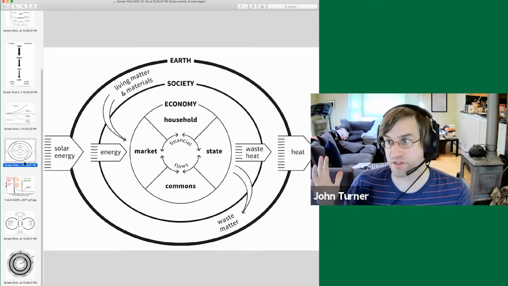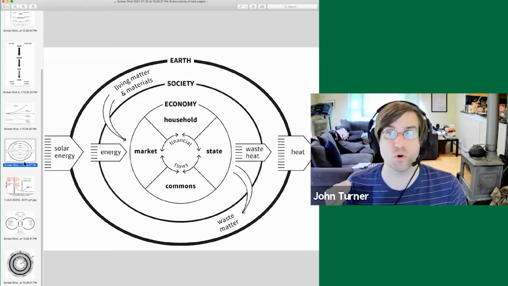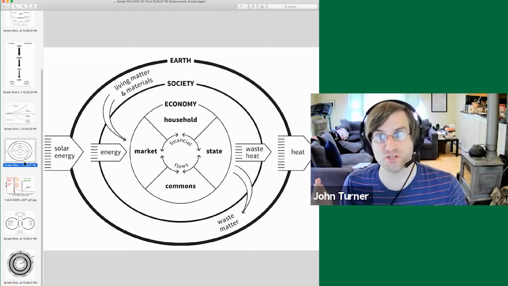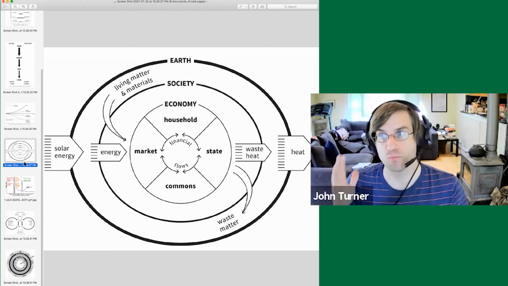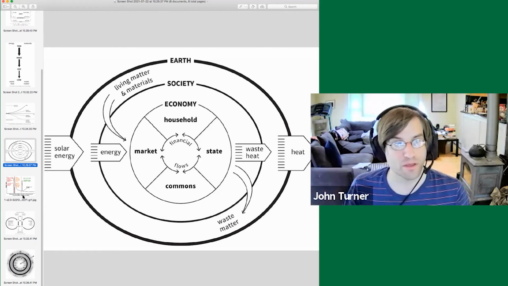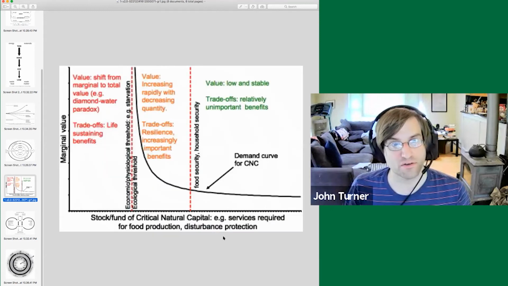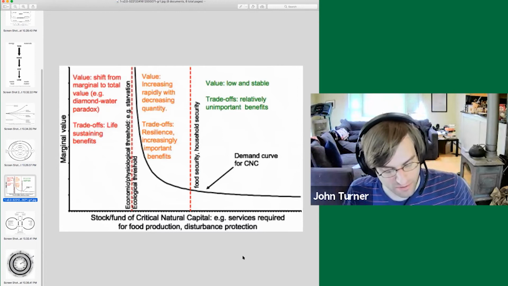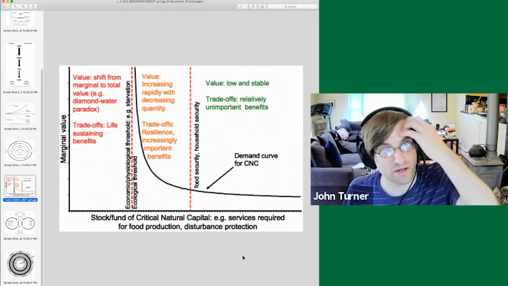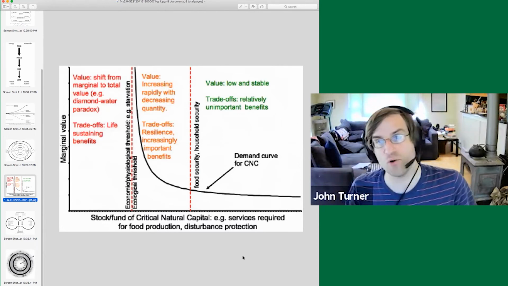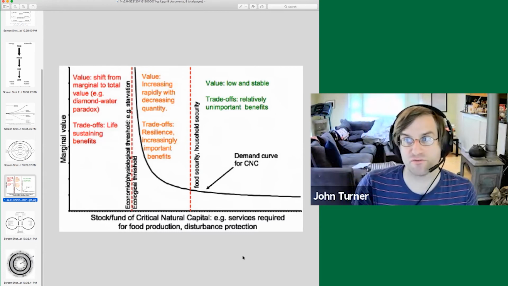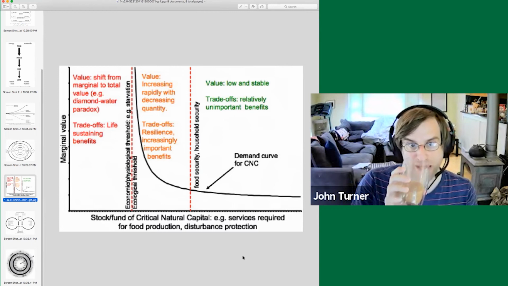One of the other things found in this substitutability debate is that we don't know how difficult it would be to replicate or to substitute for a given form of natural capital. Okay. And this is where you get to a graph like this from an ecological economist about how and whether to apply our existing forms of valuation to natural capital.